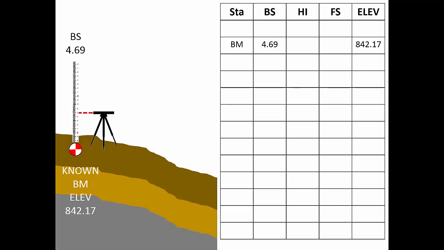Since the line of sight is above the point where the rod sits, we'll add the backsight reading to the elevation. At this instrument setup, 4.69 plus 842.17 equals 848.86 feet. We'll record that result in the HI column in the next row down the page.